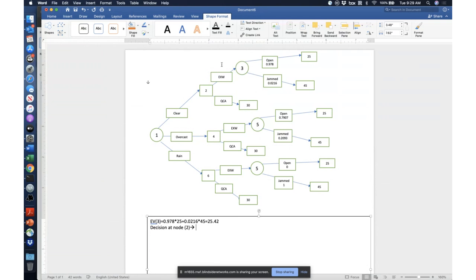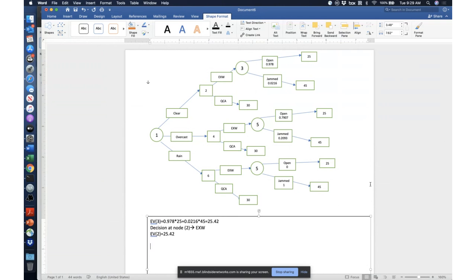So you pick the lower number. So here you take the expressway. That's the decision because it takes you less time, right? And so the expected value at node 2 is 25.42 minutes. Okay? That's that.